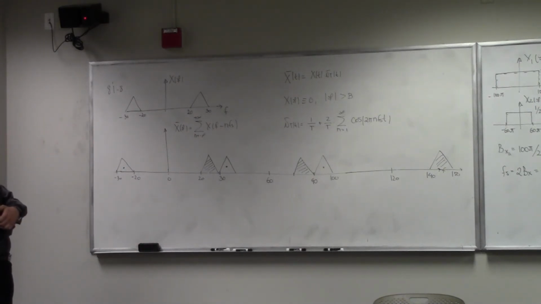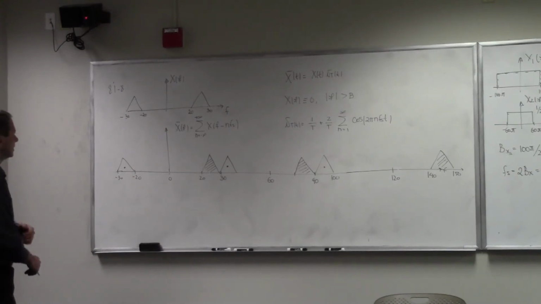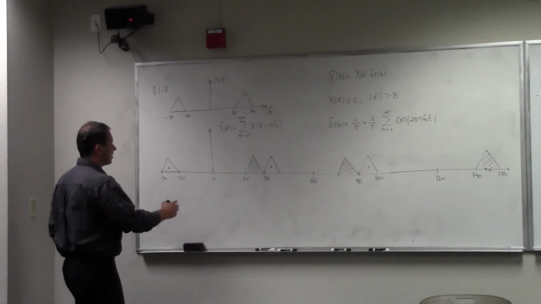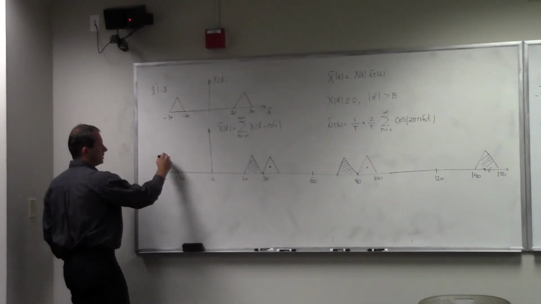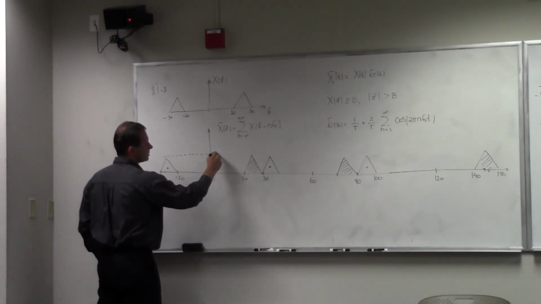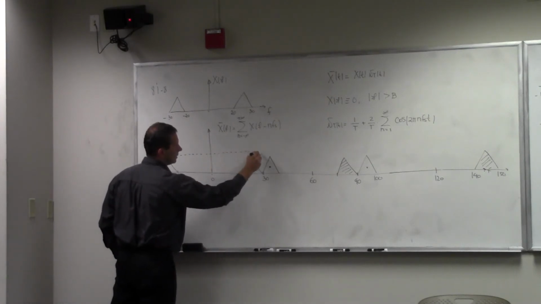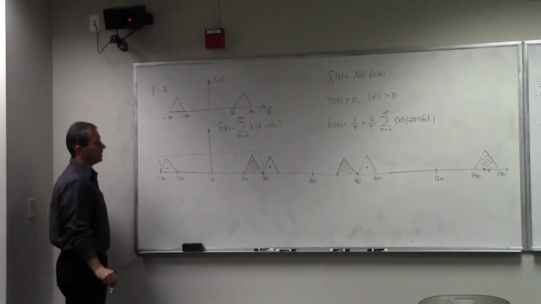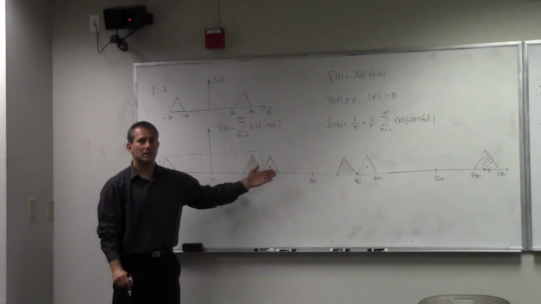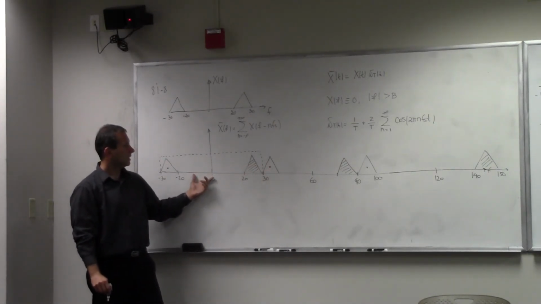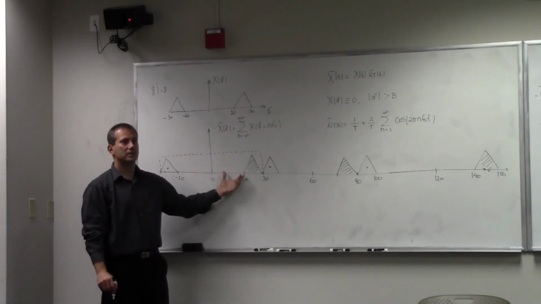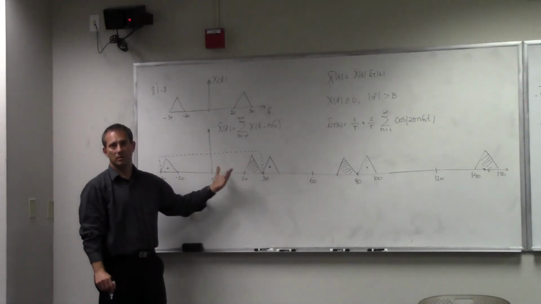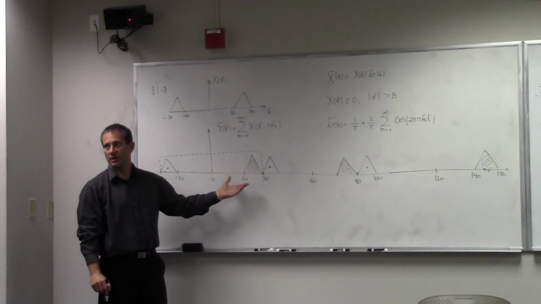You reconstruct it exactly the same way as you would reconstruct any other sampled signal. The catch here is you probably won't be able to reconstruct it, because remember what the reconstruction looks like in the frequency domain. This is the reconstruction in the frequency domain, right? I will look at this sampled signal, and I have to actually low-pass filter it to get what I need, right?